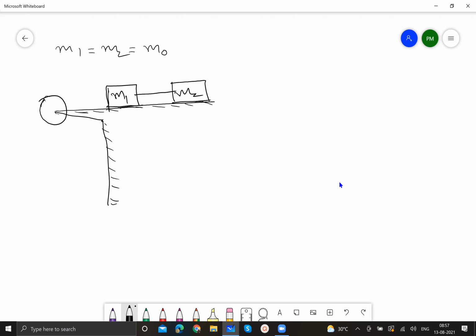Find the acceleration of M0 with which it comes down.